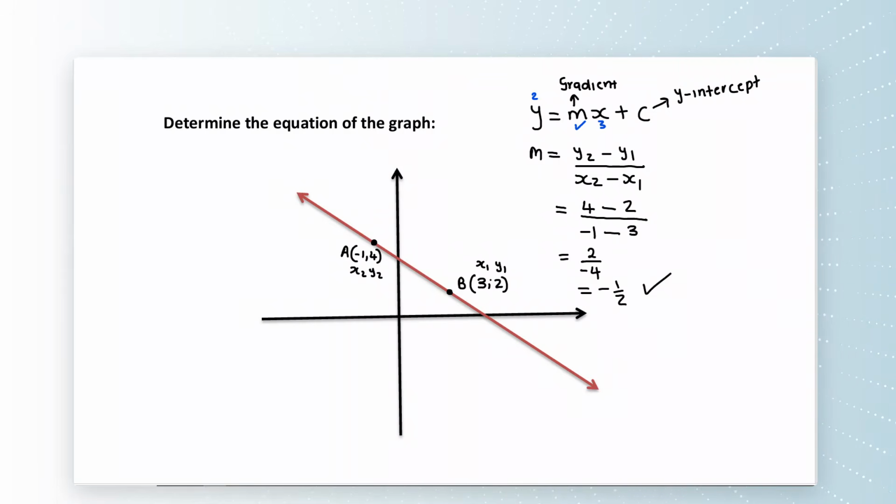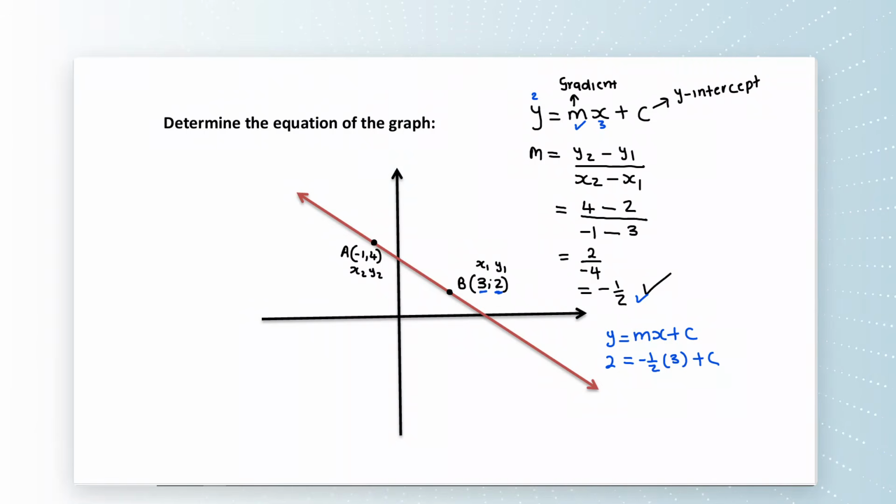So let's substitute. The equation says y = mx + c. y, we said, is going to be 2 if we use the coordinates of B. y is 2. m, we just got, is negative half, x is going to be 3, plus c.